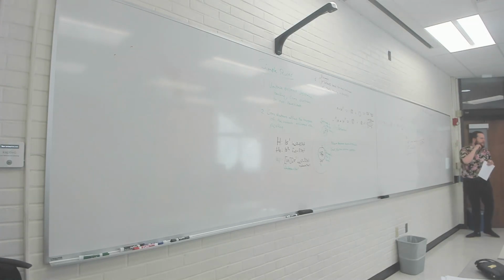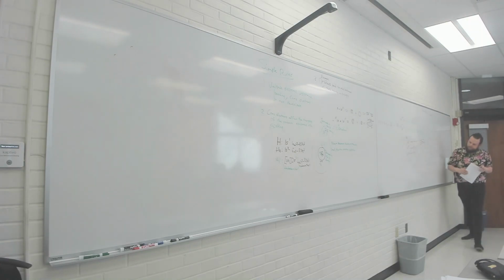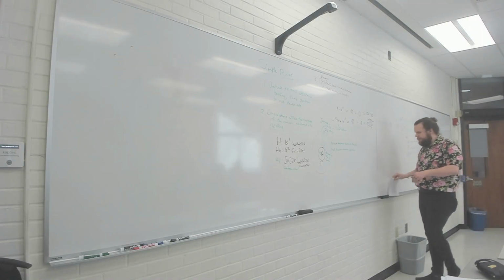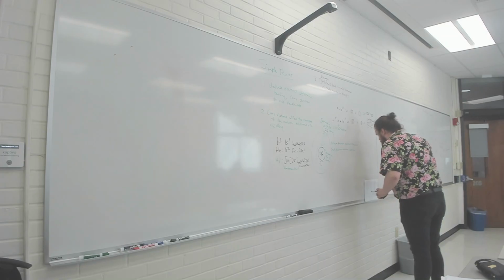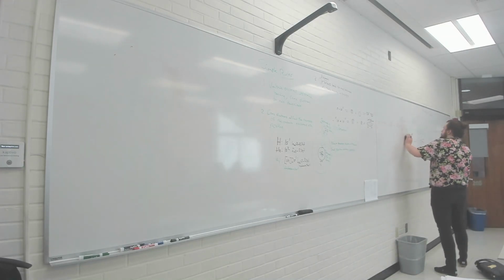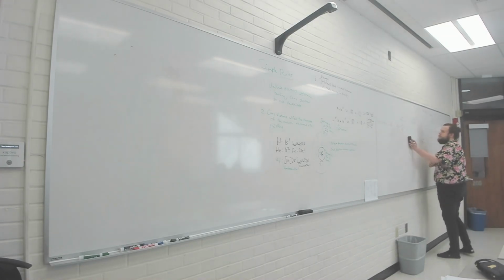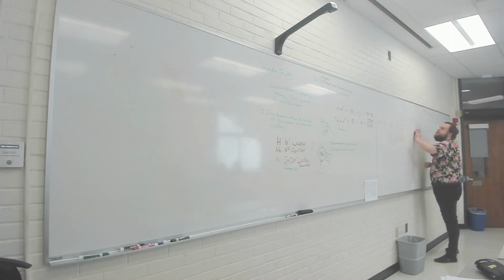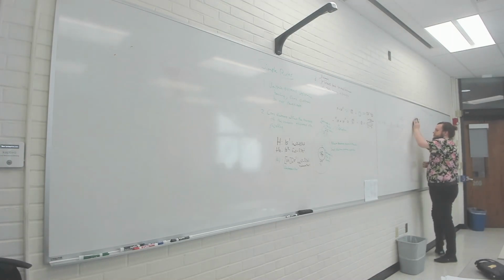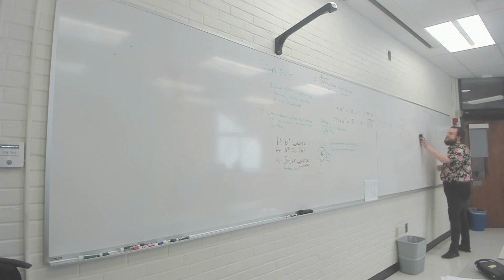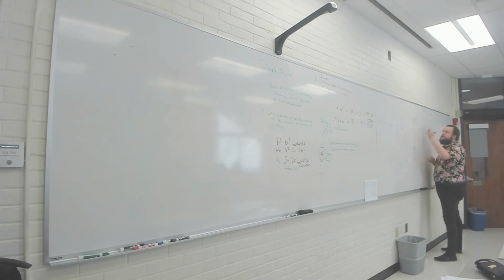Now we have to deal with the p's. How do the p's add? Well, we haven't looked at p's yet, but p's aren't too hard. So we have three p's, three different p orbitals.